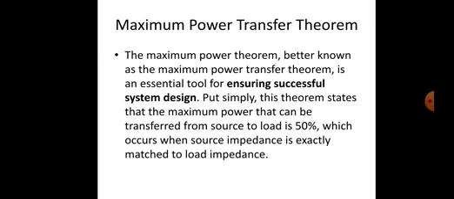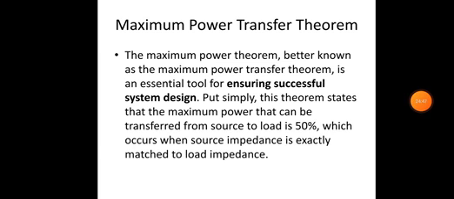Similarly, the theorem states that the AC voltage source will deliver maximum power to the variable complex load only when the load impedance is equal to the complex conjugate of the source impedance. In this chapter, let us discuss the maximum power transfer theorem for DC circuits.